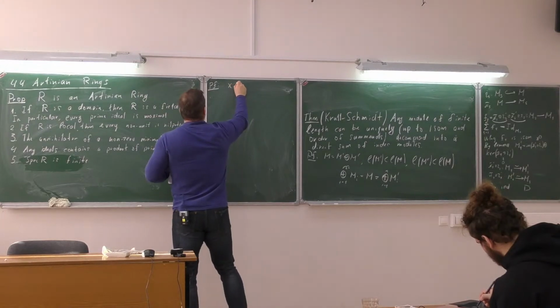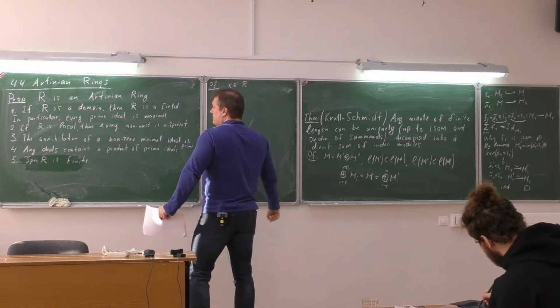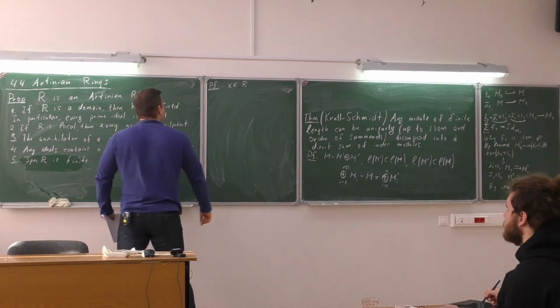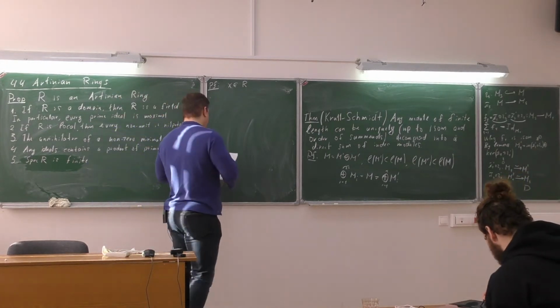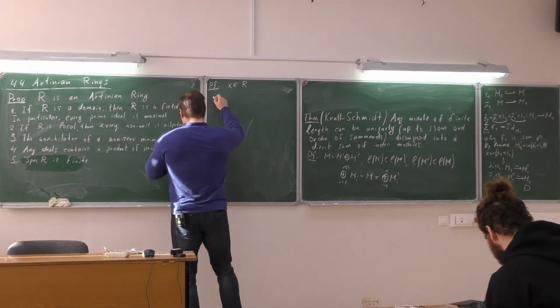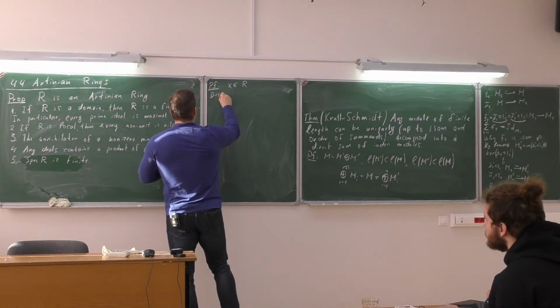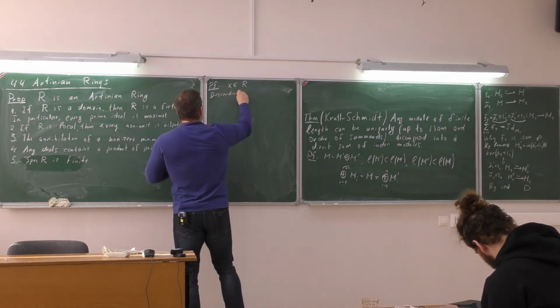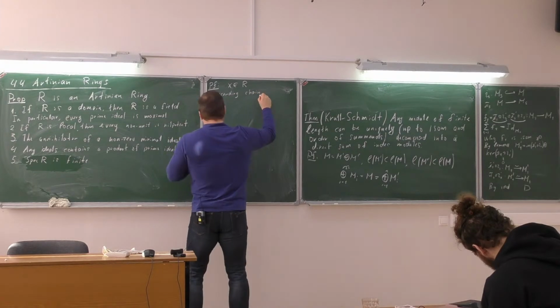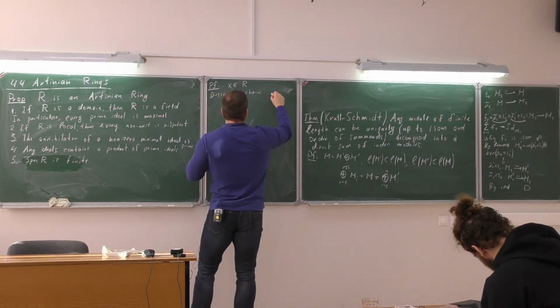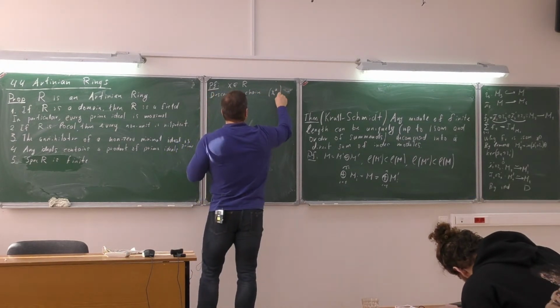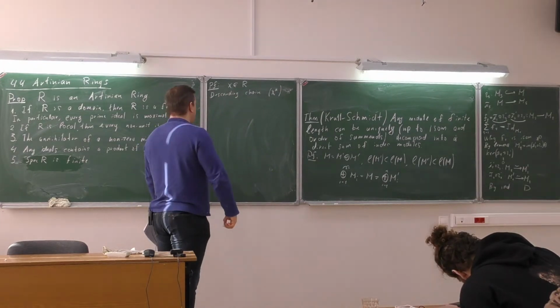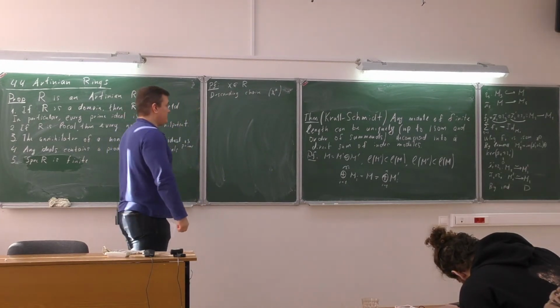You take an element x in the Artinian domain R. You want to show that this x is invertible, so you consider the descending chain of principal ideals generated by x^n. So that's a descending chain, so there is a stabilization.